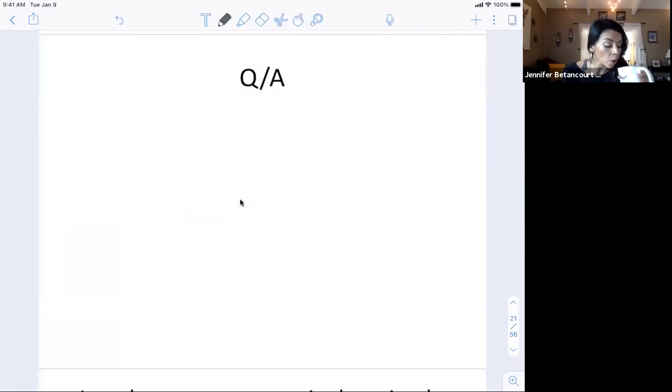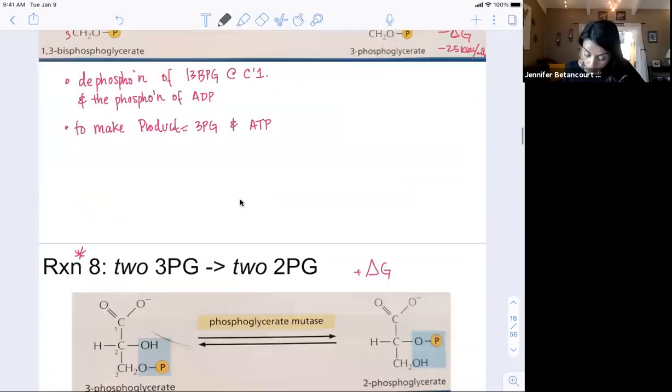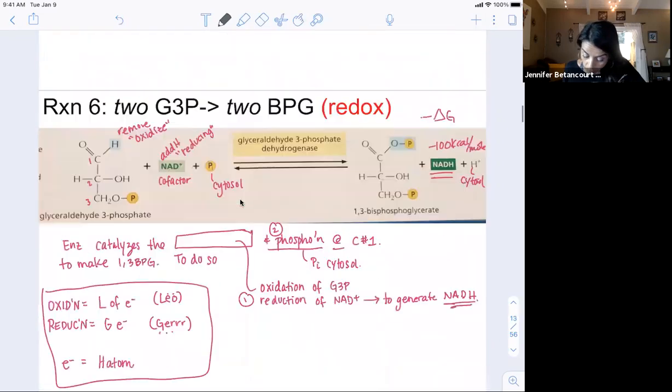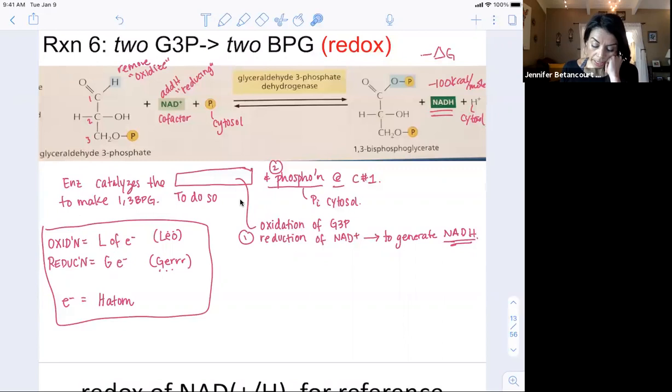Go ahead, Max. My question relates to reaction 6. If you could scroll up by chance. So that H that reduces the NAD, does that come from the cytosol, since there's also an H as a product on the right? It gets removed from here.